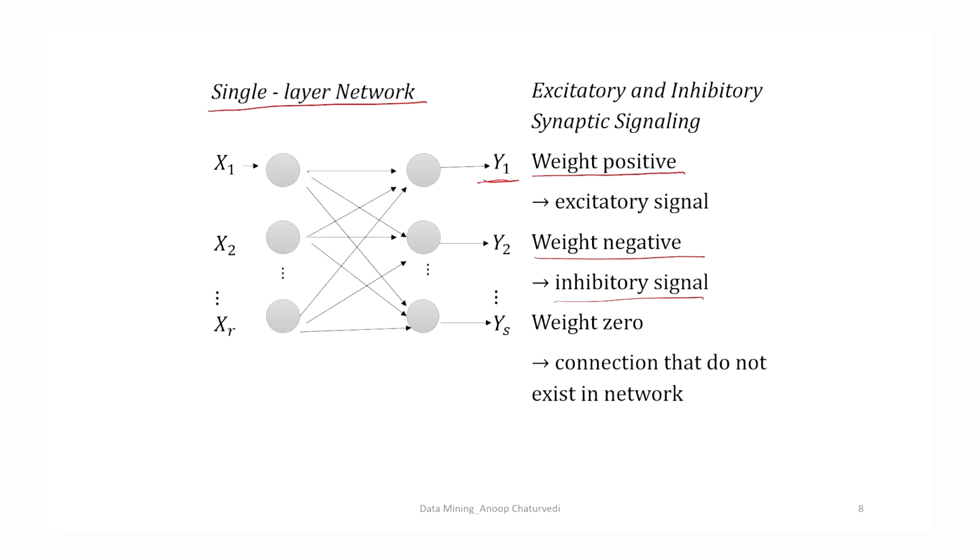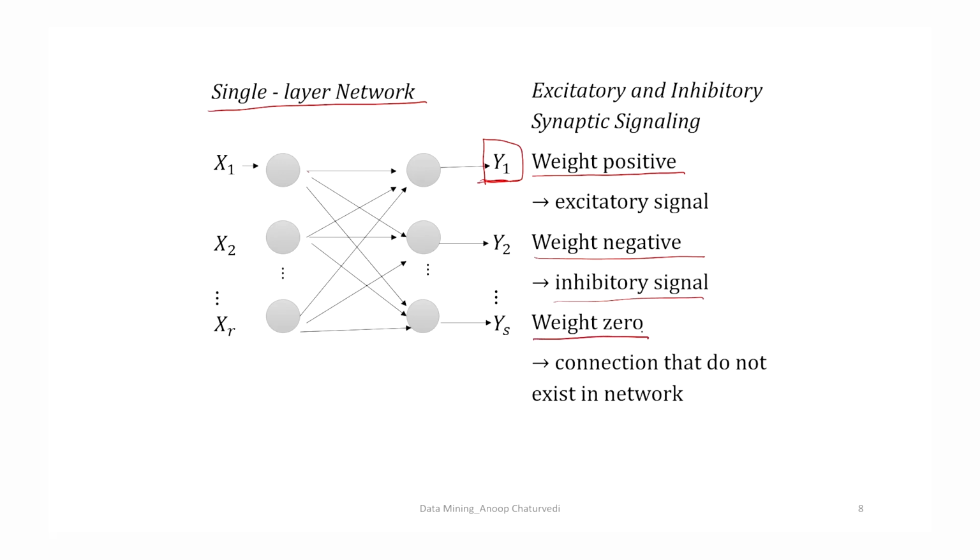Or you can say that if say x1 and y1 are binary variables, then as x1 moves towards 1, if x1 is equal to 1, the chances that y1 takes value 0 increase.